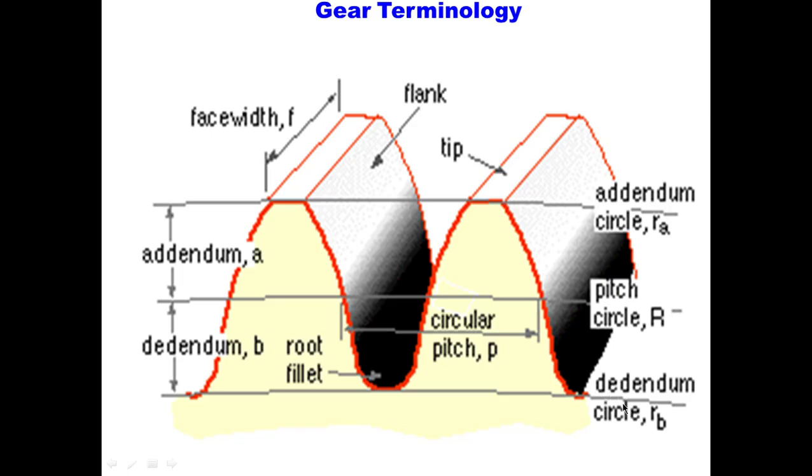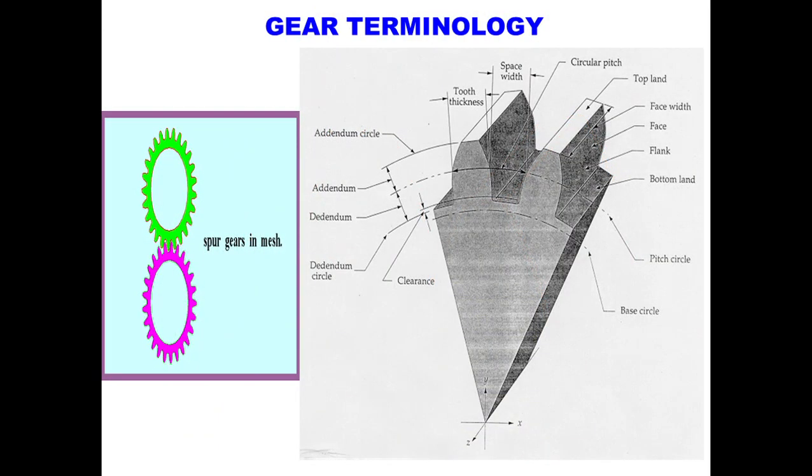Addendum is denoted by A, dedendum denoted by B, we have root fillet, tip, flank, face width, then addendum circle and dedendum circle. Then we also have circular pitch and root fillet.